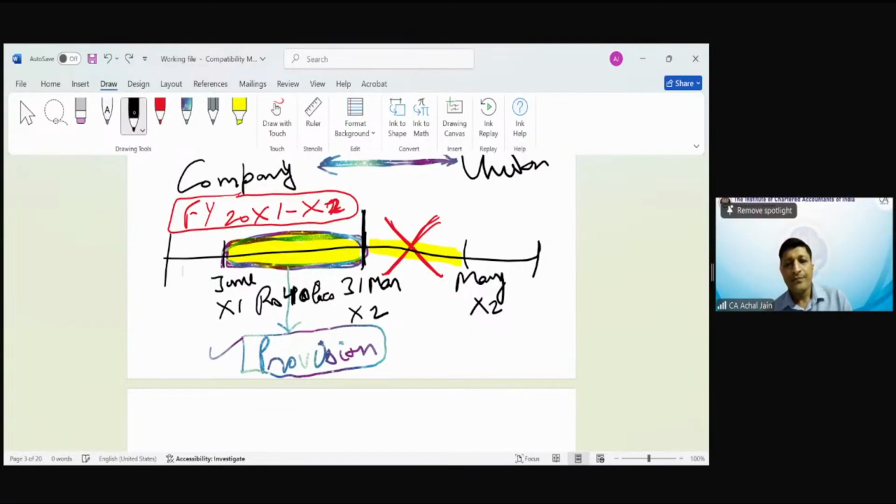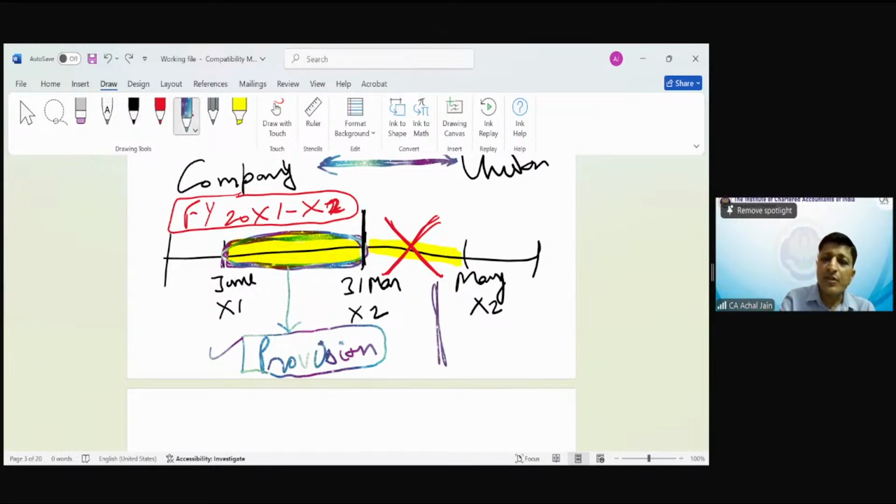So in such a case, you will say for the period from 1st April X2 to 31st May X2, you will create a provision. Yes or no? For these 2 months. Correct? The amount is not given, so you cannot specify the amount in the question. I've taken the amount just to help you understand.